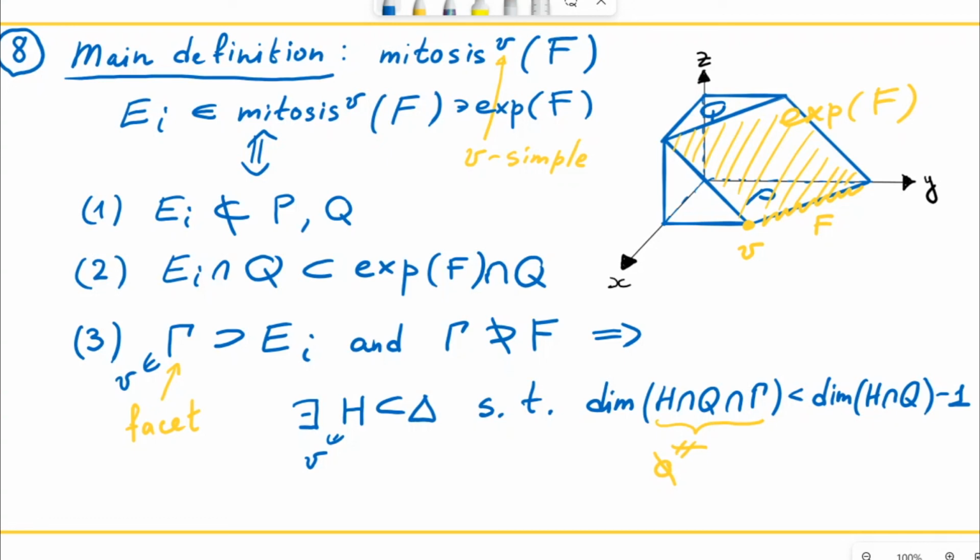But if it drops by more than 1, then we have something like tangency. So this is the geometric meaning of this condition. And of course, we assume that the intersection of H, Q, and gamma is not empty. So it has smaller dimension than expected, and it is not empty. And this is quite a useful condition. In examples from Schubert calculus, this condition actually allows us to compute mitosis explicitly in purely combinatorial terms.